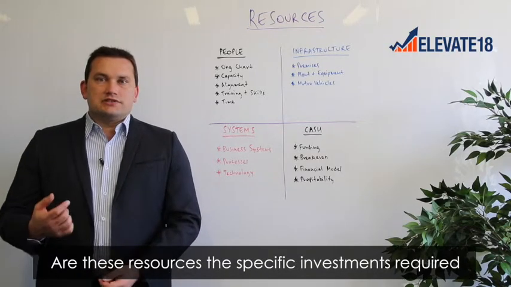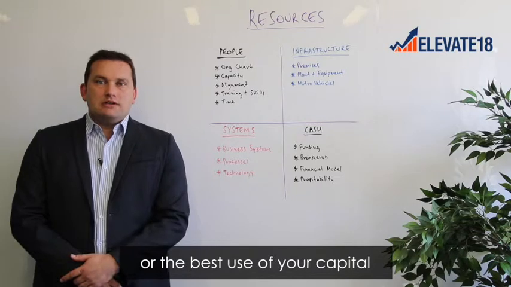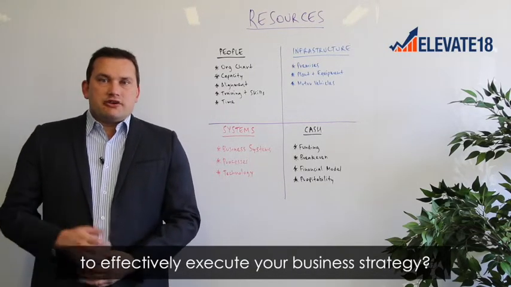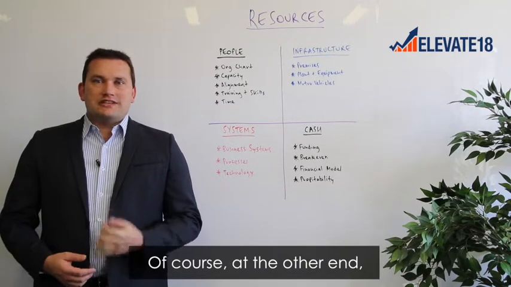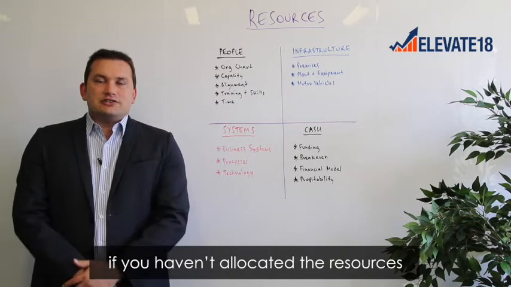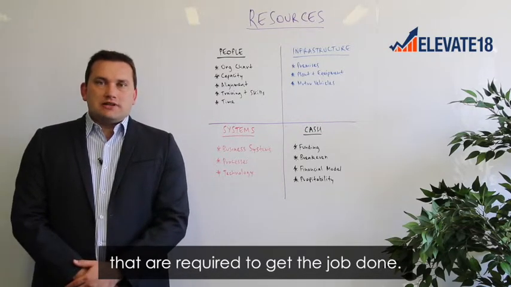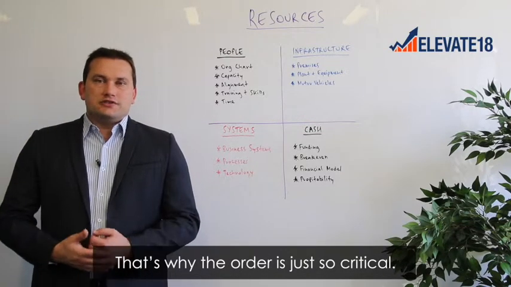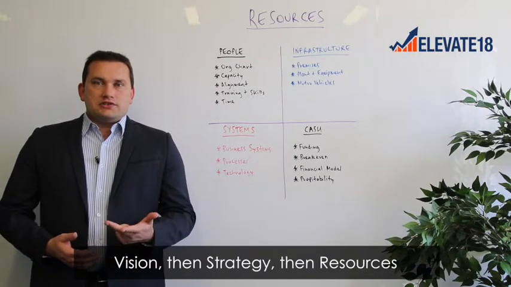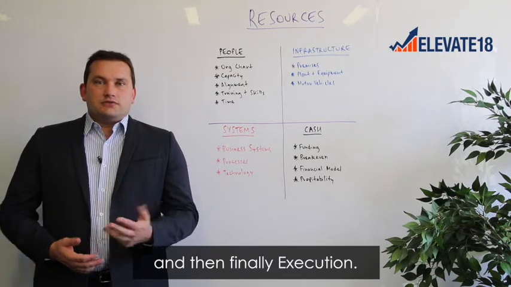Are these resources the specific investments required or the best use of your capital to effectively execute your business strategy? And then of course at the other end, you won't be able to execute properly if you haven't allocated the resources that are required to get the job done. And that's why the order is just so critical. It's vision, then strategy, then resources, and then finally execution.